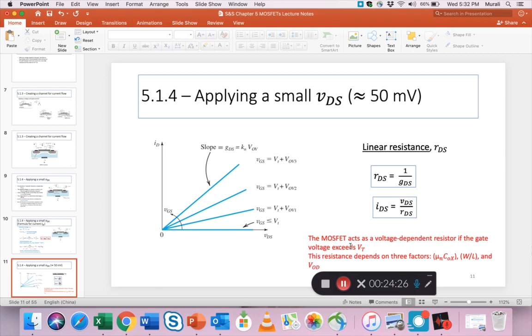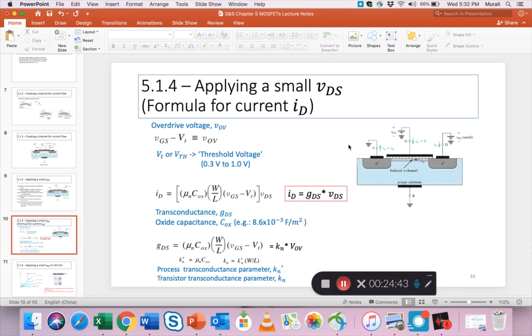The MOSFET acts as a voltage dependent resistor if the gate voltage exceeds VT. So remember, first of all, while VDS has to be small, it has to exceed VT, which is 0.3 to 0.1, whatever.